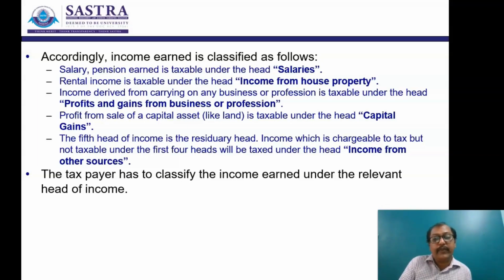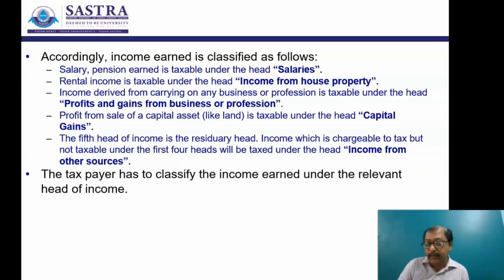Who is doing a business or profession can have income from profits or gains from business or profession. And suppose you have a sale of a capital asset, like land or a building, even shares, your financial securities, that also will come under the head of capital gains. And any other things like interest, dividend, all these things will be treated under income from other sources.